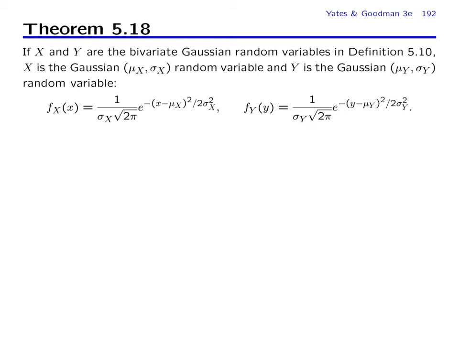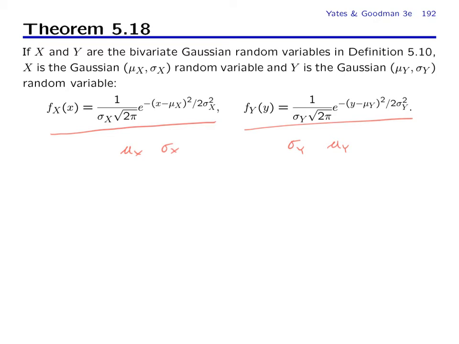The first one is that if you were able to do the calculation, and you can, and it's outlined in the book how to do it, you can show that out of the joint PDF, no matter what rho is, X always has the marginal PDF, which is Gaussian with parameters mu x and sigma x, and Y has the marginal Gaussian PDF with parameters mu y and sigma y.